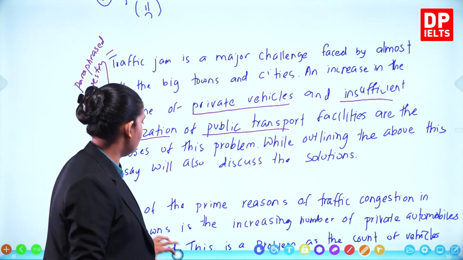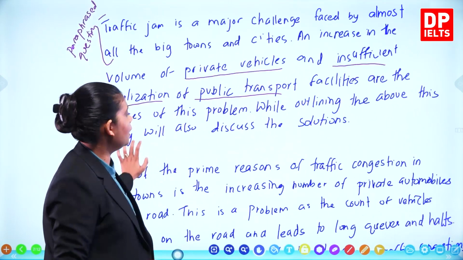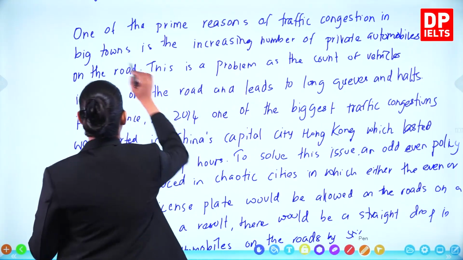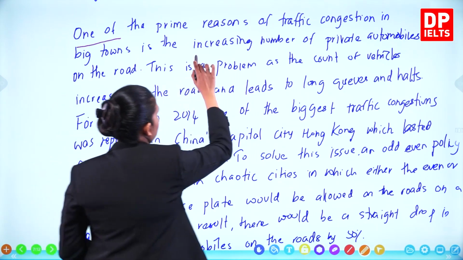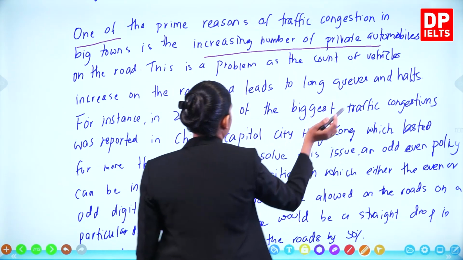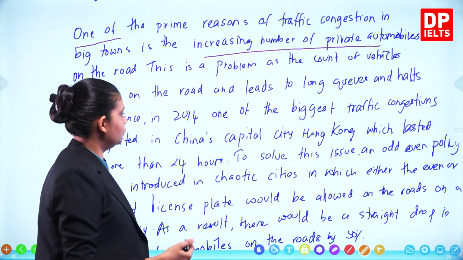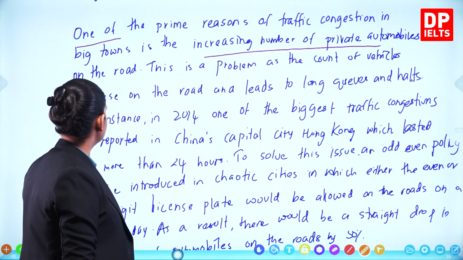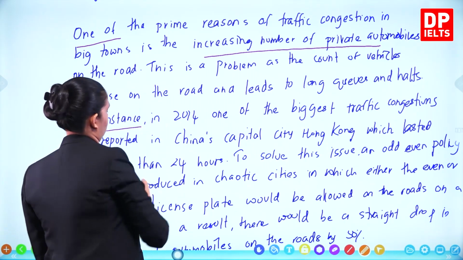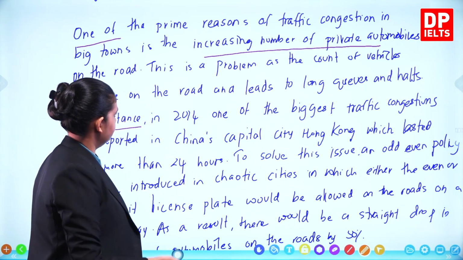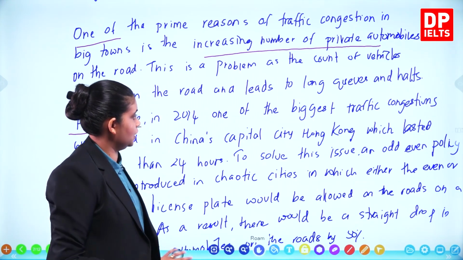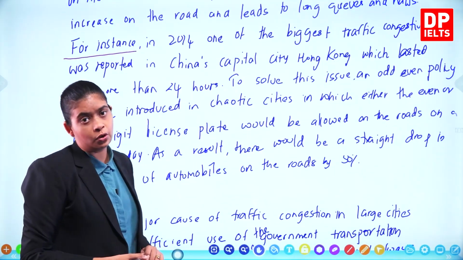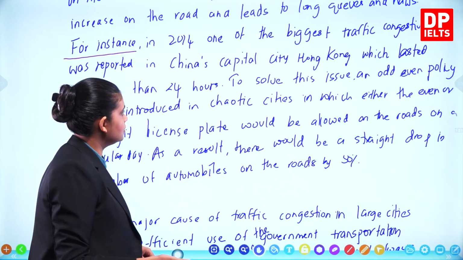So then I start off by saying one of the prime reasons for traffic congestion is what? One is the increasing number of private automobiles, right? So I talk about how it could be a problem, and for an example, which is another word for instance, the biggest traffic jam that was there was in China, and it was in the city of Hong Kong, which lasted for 24 hours, right?